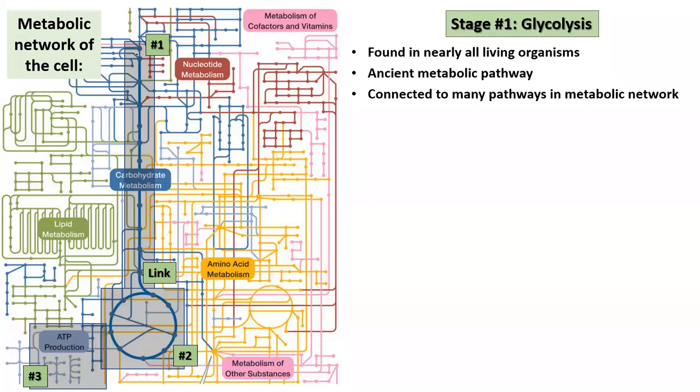And it's also connected to many other pathways in our metabolic network, which we discussed in the previous week. So as you can see here, number 1 with the blue rectangle shows the different steps in glycolysis. Each circle is a substance, and the links between the circles are the chemical reactions. Each substance is also connected to other parts of the network.